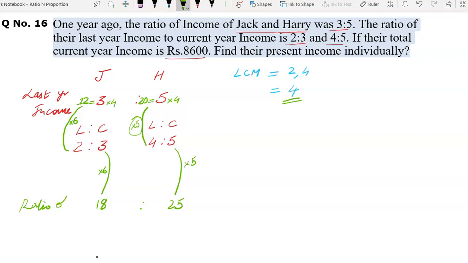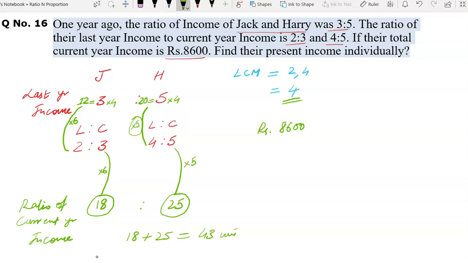Ratio of current year income. So 18 units is for Jack and 25 units is for Harry. Now in this question it's given the total current year income is rupees 8600. Now the total units for Jack and Harry for the current year is how much? 18 plus 25 will give us 43 units.